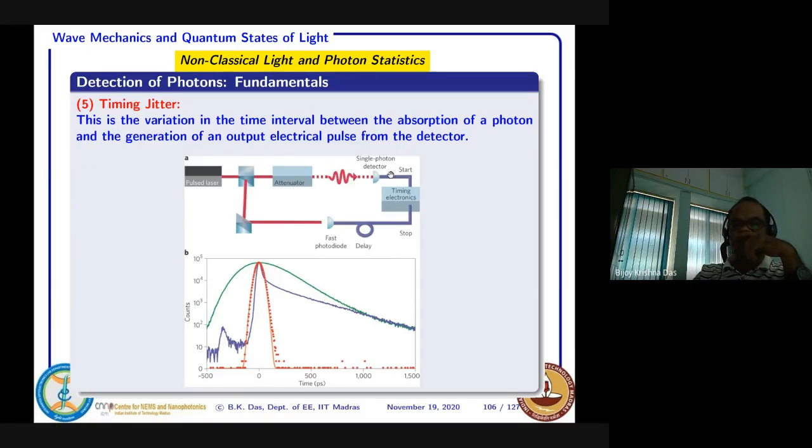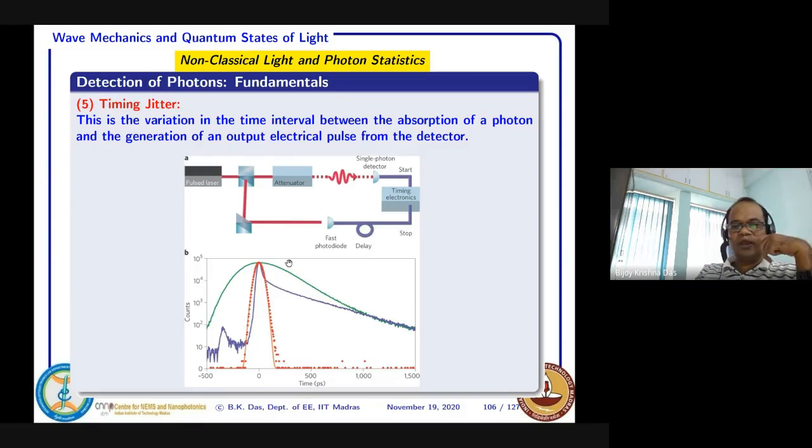Then you try to relate the timing. If you measure a histogram of the timing and different counts, you find that they are arriving at different times. Because we are considering one pulse will contain one photon at maximum, if at all, you are attenuating to that level. Zero or one photon, most of the time it can be zero, that is fine also.